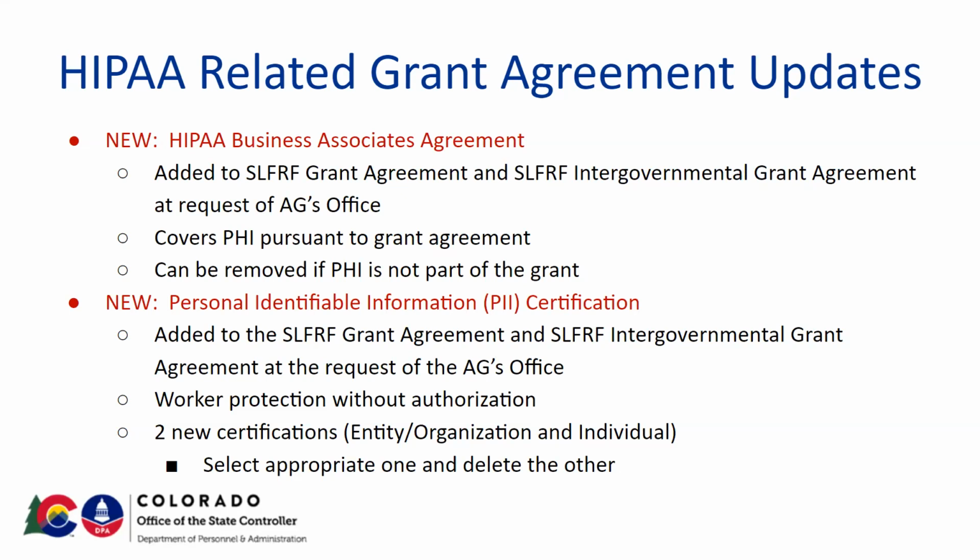So if it's Acme Incorporated, you'd use the entity PII certification form. If it's an individual, if it's Bill Smith and he's providing it, then you would use the individual form, and then he would sign that. Those are required to be signed each year, so that they agree each year that they are not sharing PII.